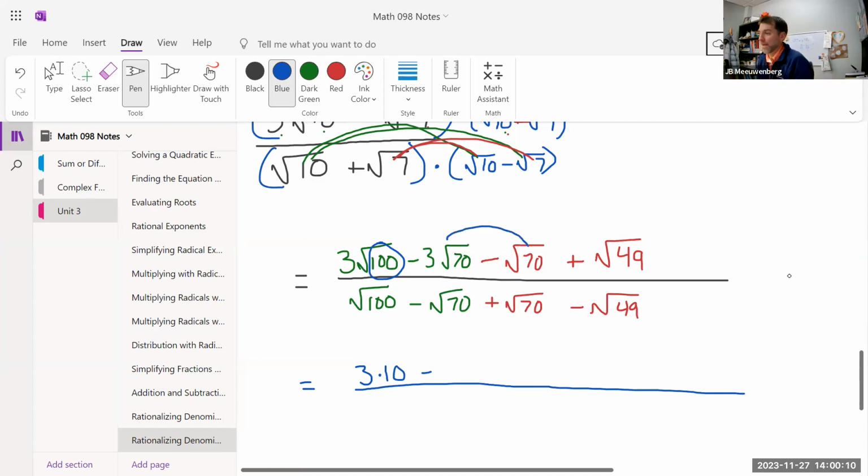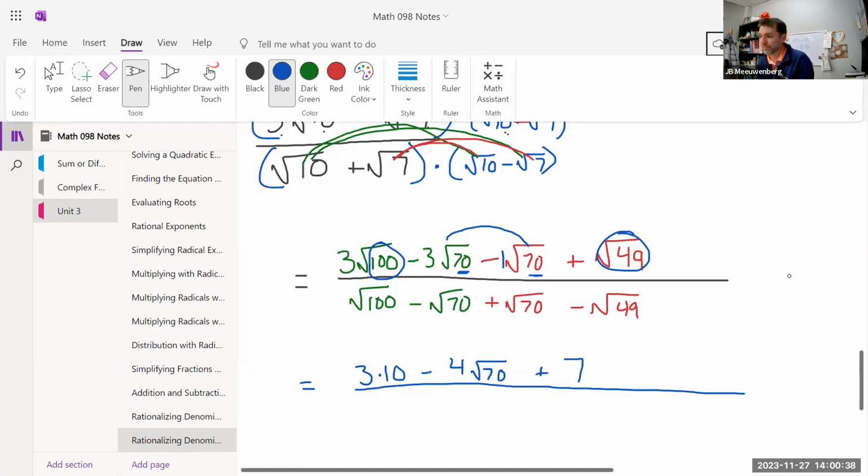Like radicands, the same numbers on the inside. So we have negative 3 minus 1. We're going to combine these two terms to be minus 4 radical 70. Again, it's like combining like terms. We did that in a previous video. Plus the radical 49. The square root of 49 can be simplified to be 7.